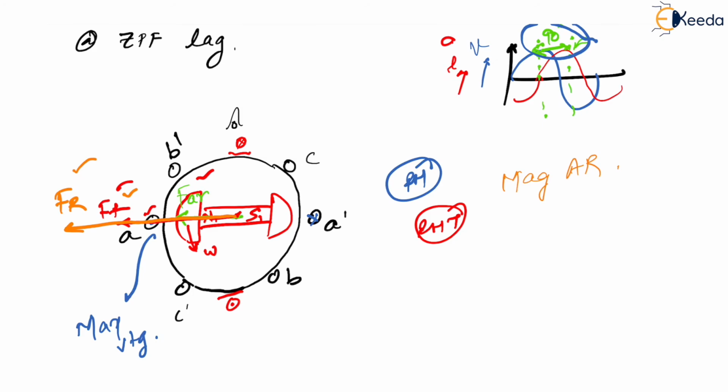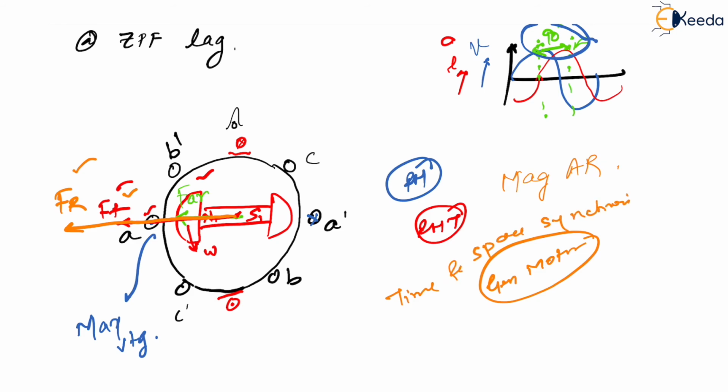Now the best part is what? Yes, we know that in case of synchronous machines, whether it is generator or a motor, doesn't matter to us, correct? We have seen that your time and space are synchronized, correct? Time and space are synchronized.